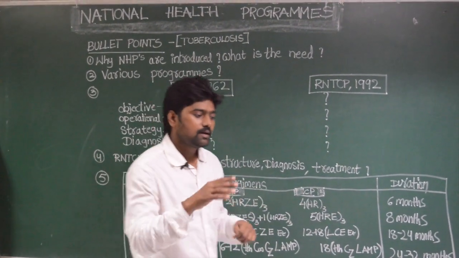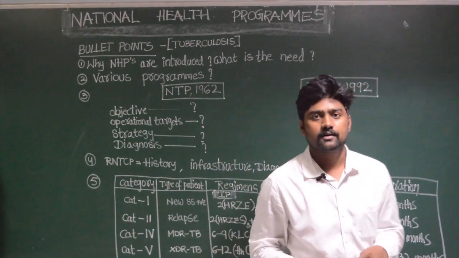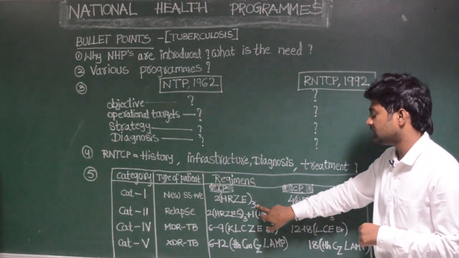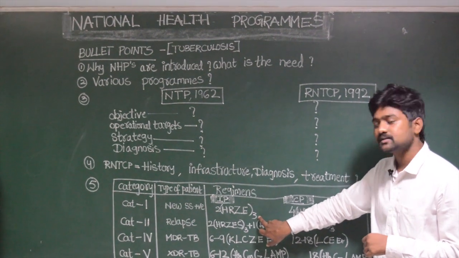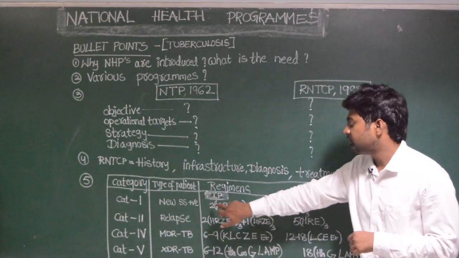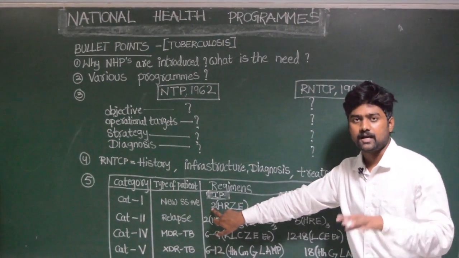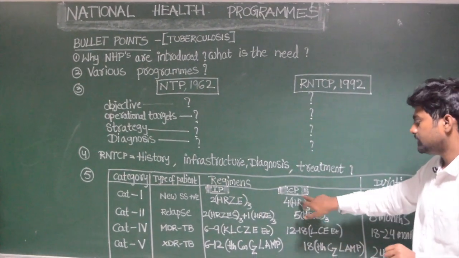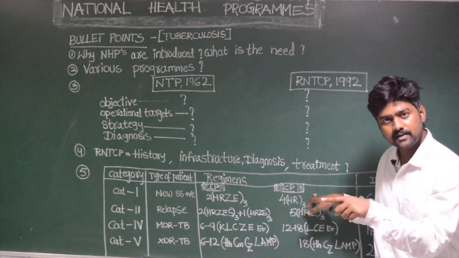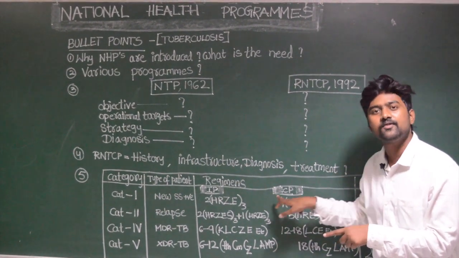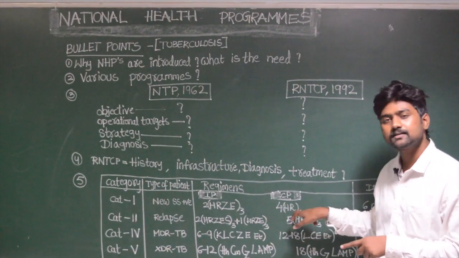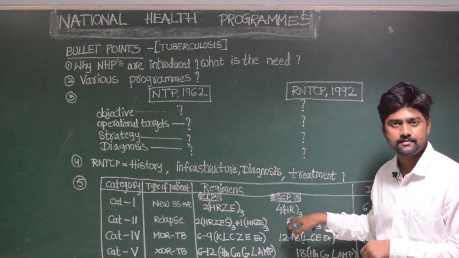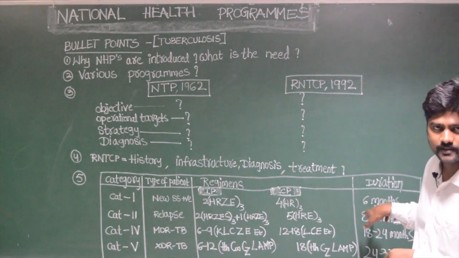It is given on alternate days in a week. This 3 number is like 3 times in a week for 2 months. I am saying it for your understanding. Similarly in the continuation phase, the coming 4 months, 3 times a week for 4 months. What are these drugs? Isoniazid and rifampicin. Total duration is 6 months.